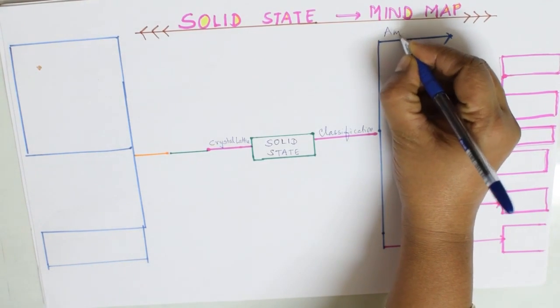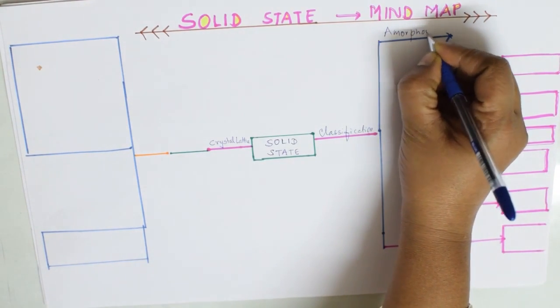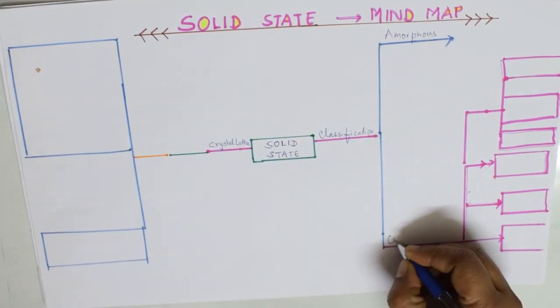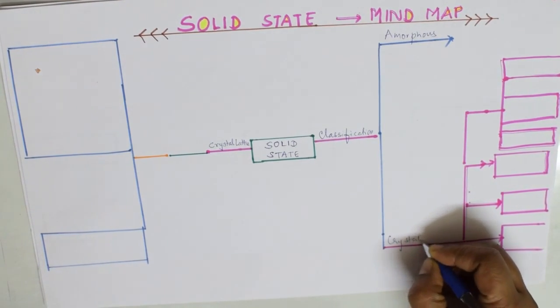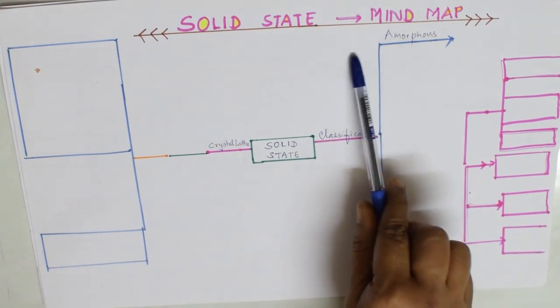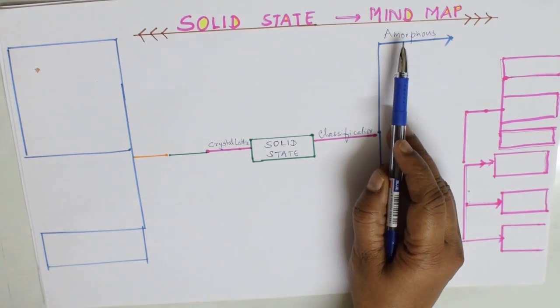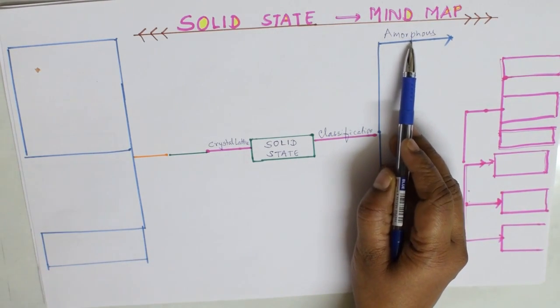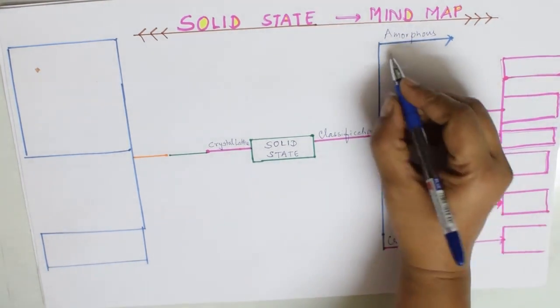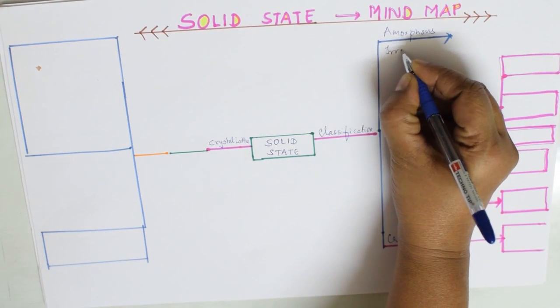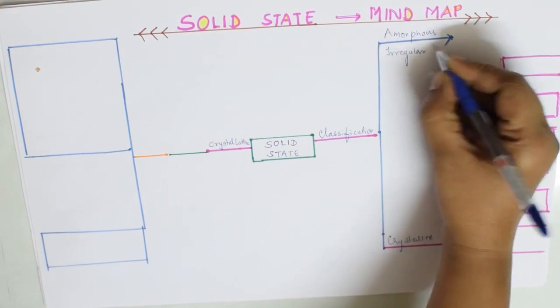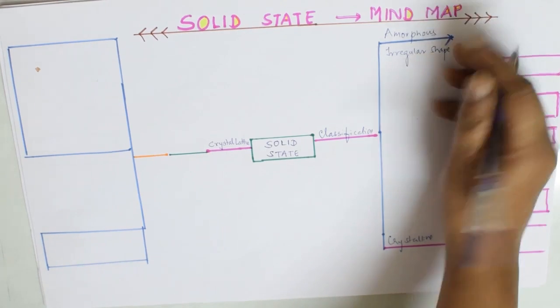It is divided into amorphous solids, right? And the second category is crystalline solids, isn't it? Done. So what are amorphous solids basically? Amorphous solids are those in which the particles have irregular shape, correct? So I will not write the full definition, I will write irregular shape. So particles have irregular shape here. That is the first thing about this.